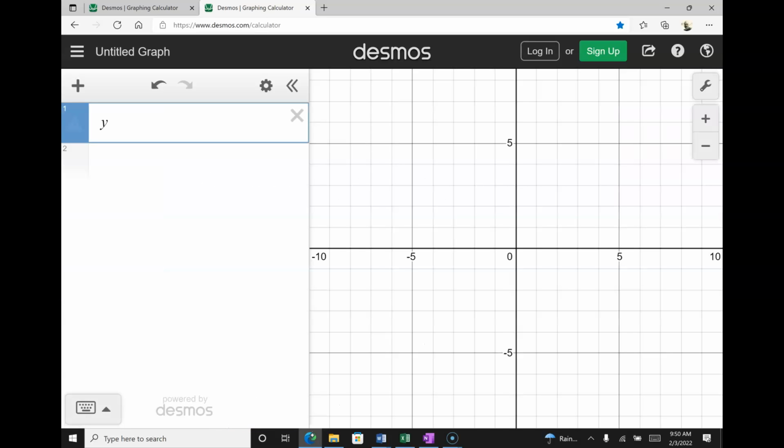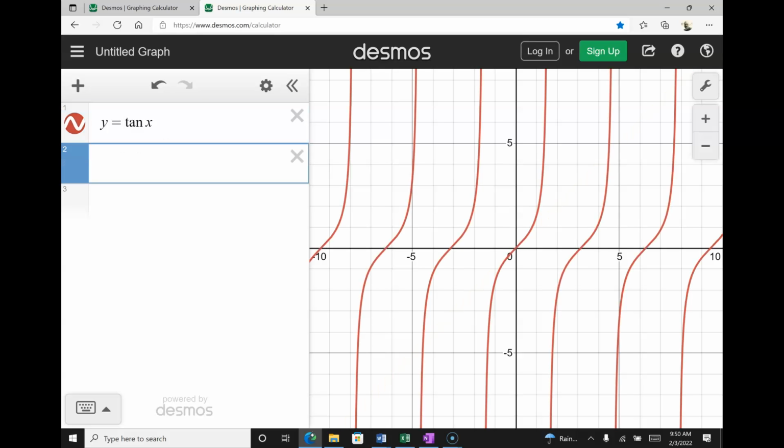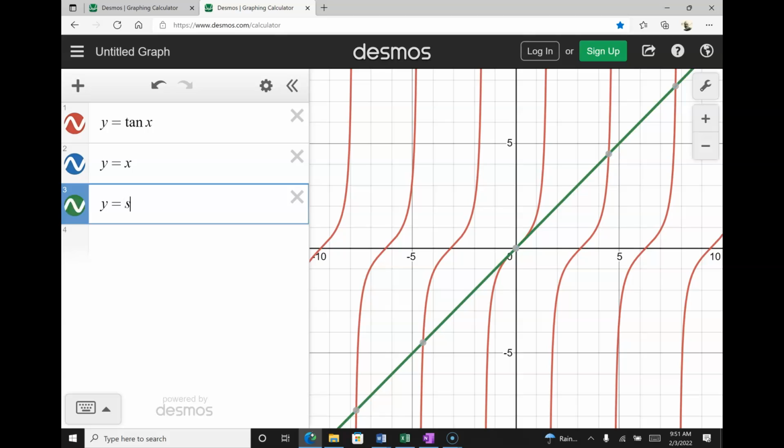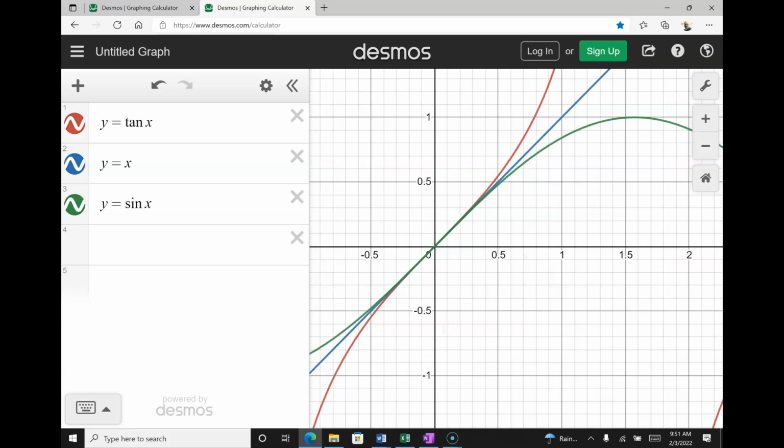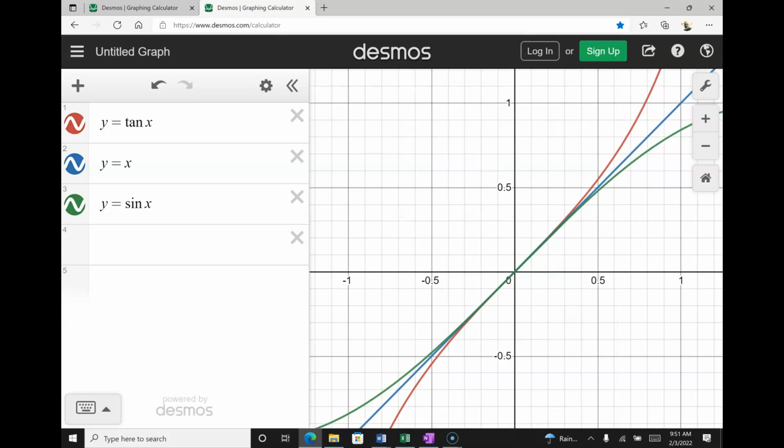Let's see. y equals tan of x, y equals x, and y equals sine x. Now you say, well, look, they're crossing each other all over the place. But remember, I'm getting close to 0. I only care about really close to 0.